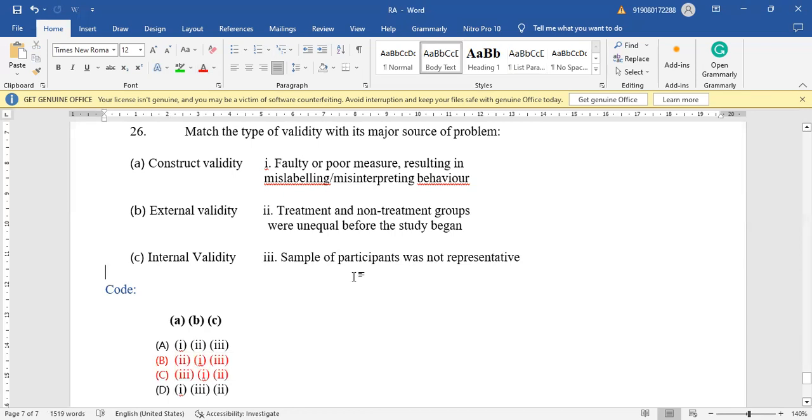External validity: what I said for external validity, you are going to apply the findings to other situations. Correct? You are taking a sample of participants, analyzing the data, and you come to a conclusion.